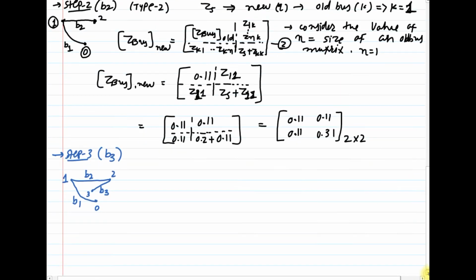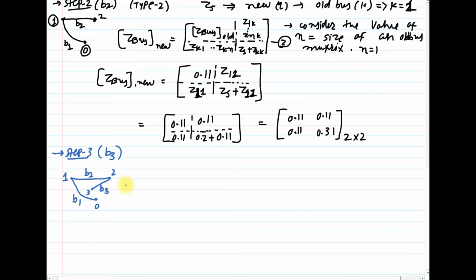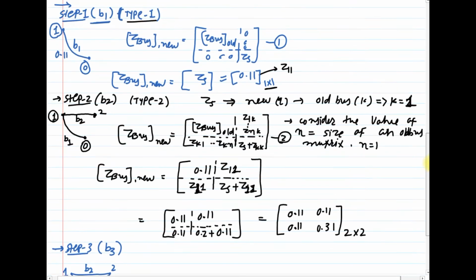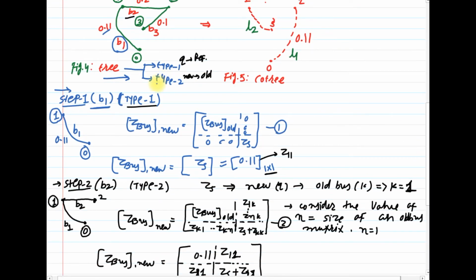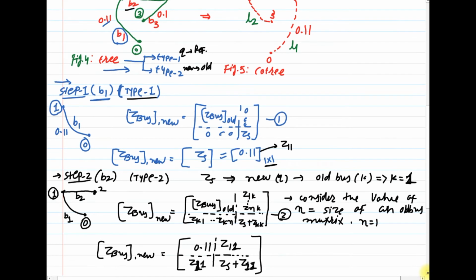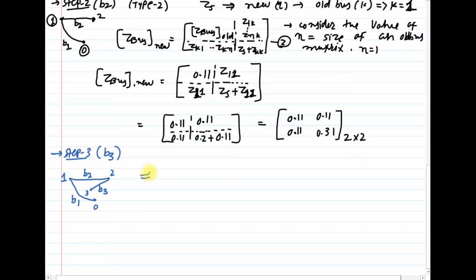So now again just recall which type of modification is applicable for the third step. B3 is connected between bus number 2 and 3, where bus number 2 is already available with us in our previous modification.